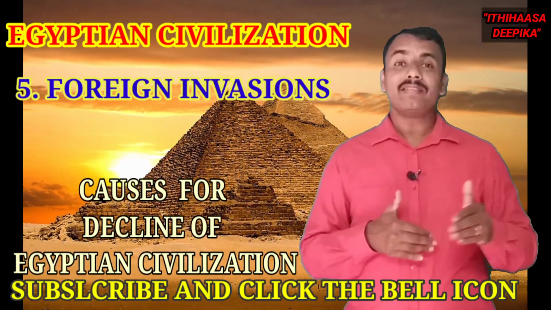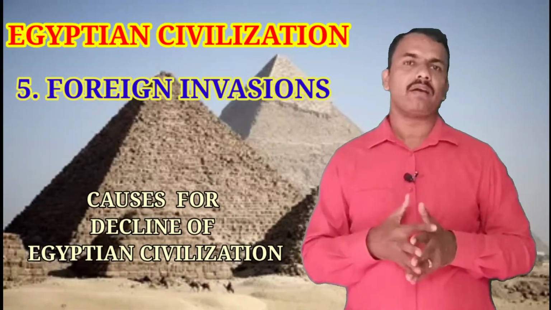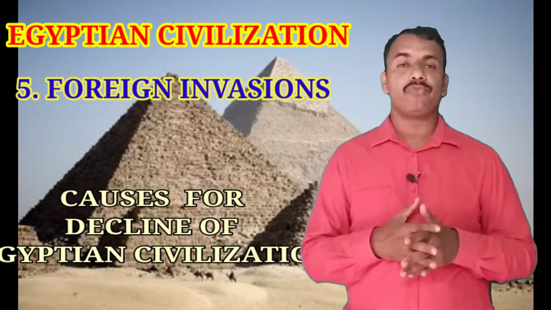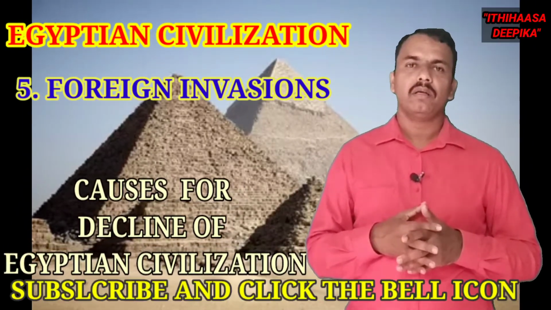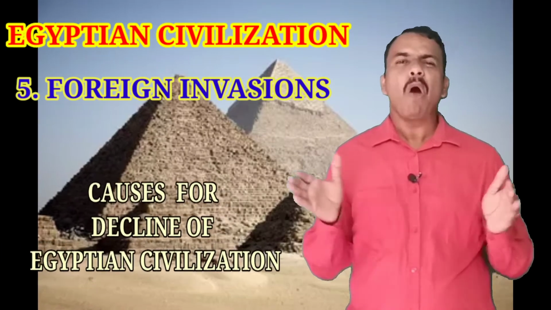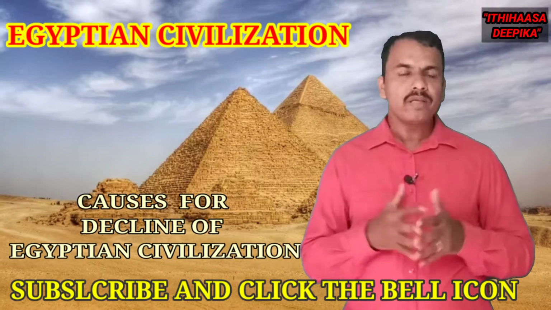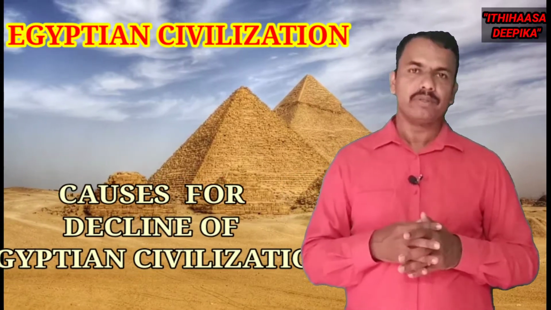Therefore, invaders from the southern part of Africa may have attacked the Egyptian civilization, and the attack of the Assyrians are a few important invasions responsible for the disintegration of Egyptian civilization.